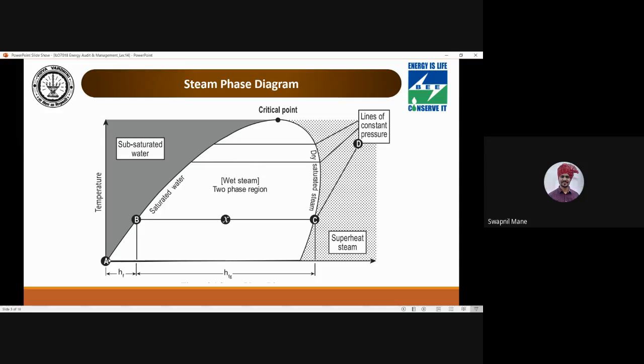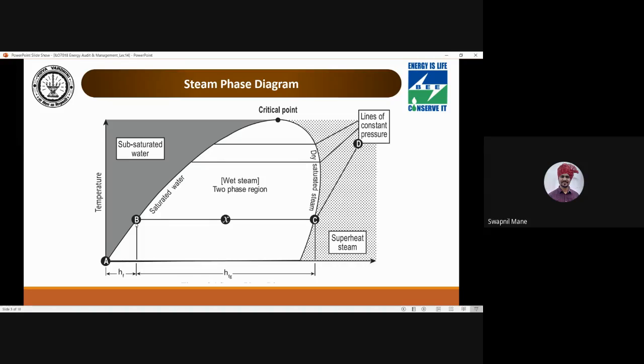This is the saturation point, which is at 0 degrees Celsius. Its condition follows the saturated liquid line until it reaches the B point, and that is the liquid enthalpy hf. So by adding heat, it will reach up to this point, that is B point.